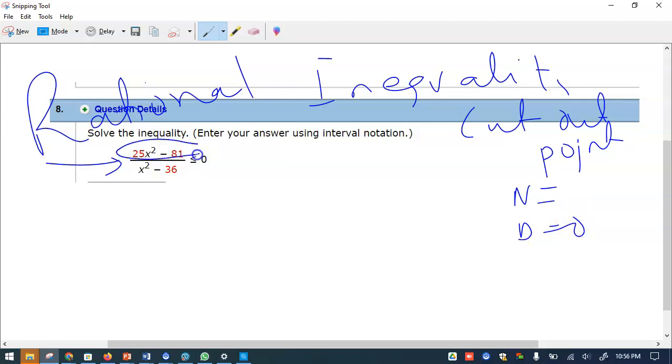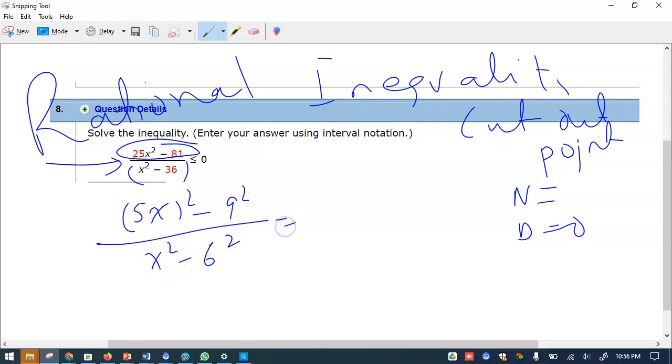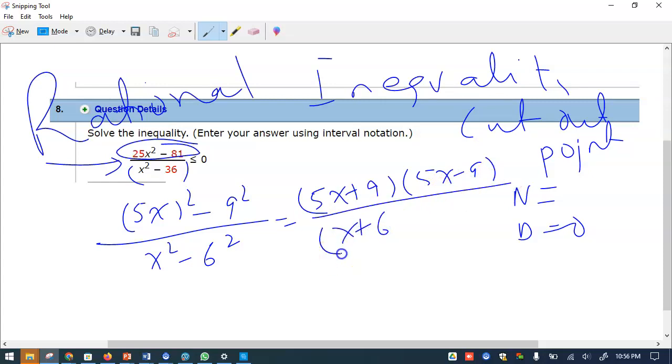By looking at it, we can factorize the numerator as (5x) squared minus 9 squared. The bottom one, because we need to substitute, that's why I'm doing this, you can write as x squared minus 6 squared. Using the difference of squares, we get 5x plus 9, 5x minus 9, and x plus 6.